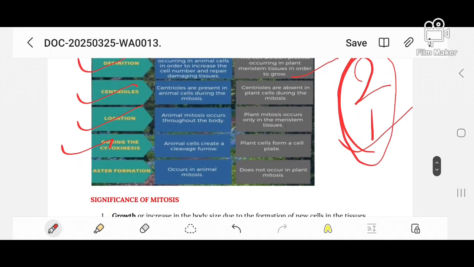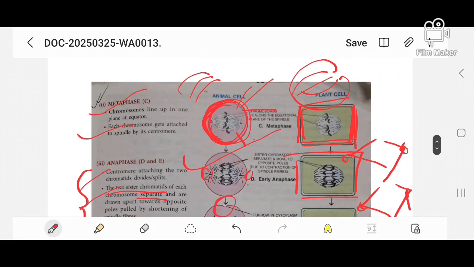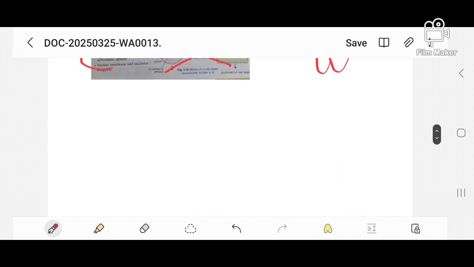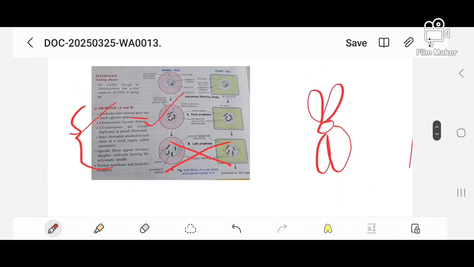They don't get divided. Aster formation occurs in animals, does not occur in plants. What are asters? I will show you what are asters. This kind of thing you will see.